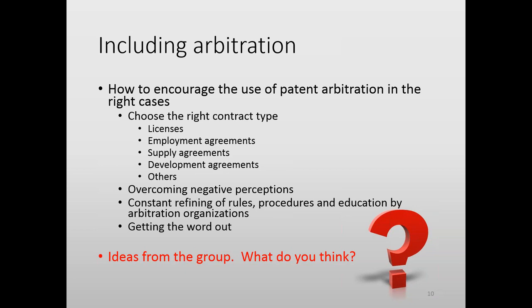And one thing is, be on the lookout for the right types of contracts where it makes sense to have these. Licenses are an obvious one, but employee agreements, supply agreements, and development agreements all are sensible places where you might want your patent dispute to be private and to be decided pretty quickly.